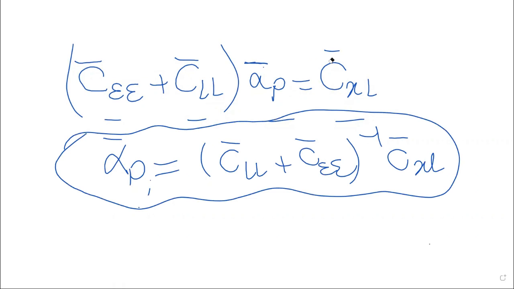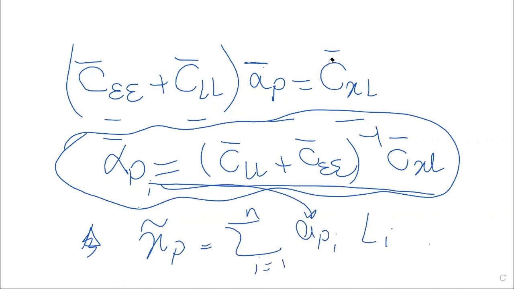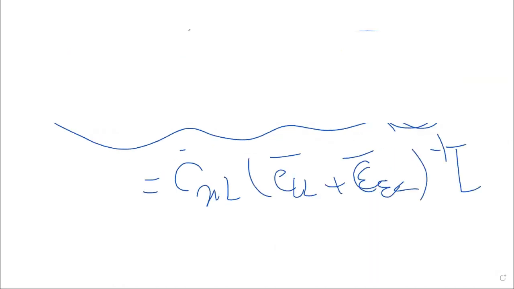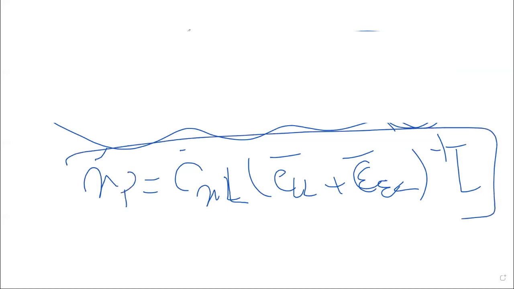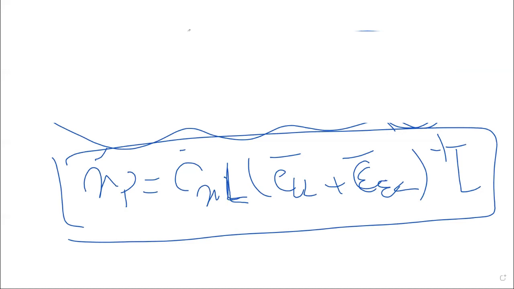So, for example, if I come back to the estimator at point P, it should be written like that. So that's the principle for least square prediction.